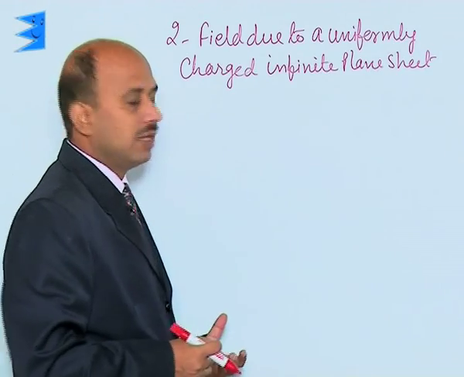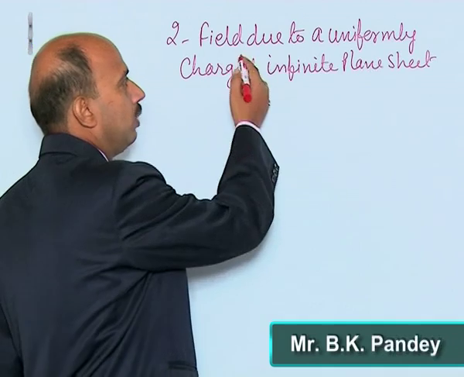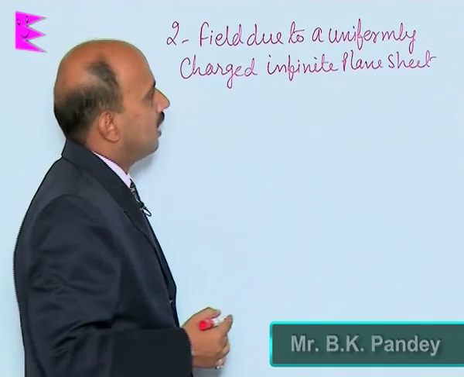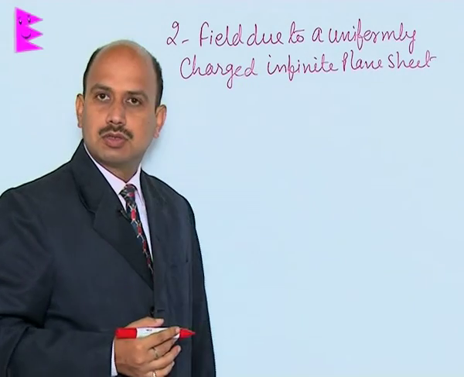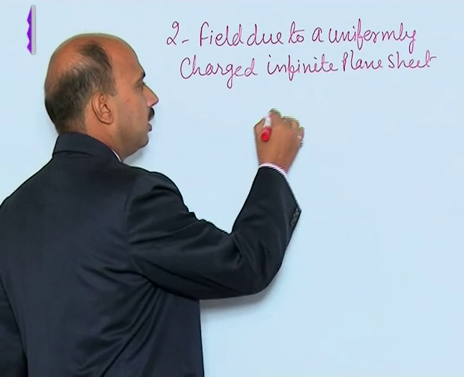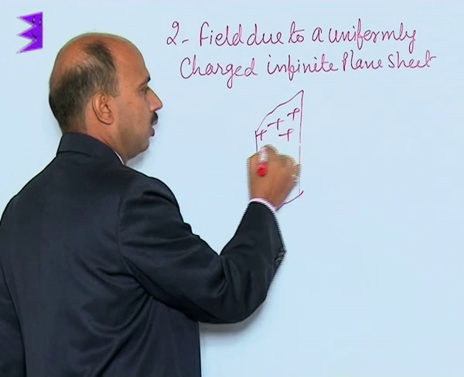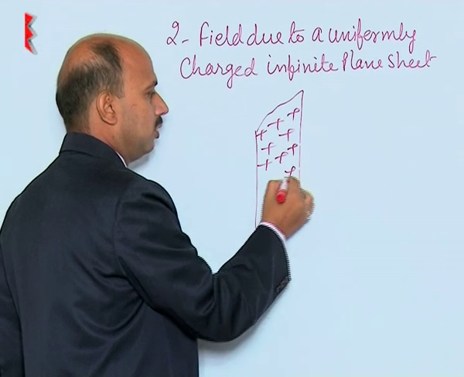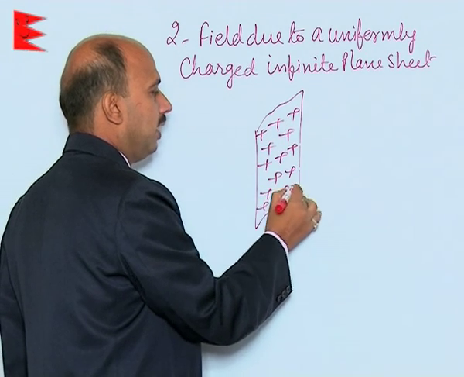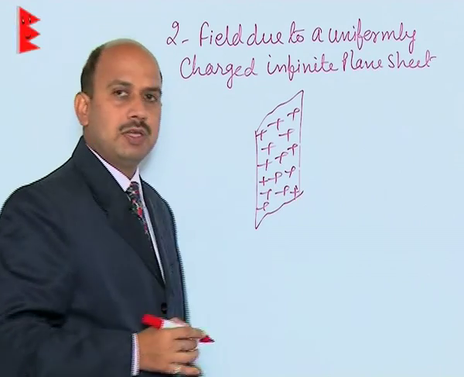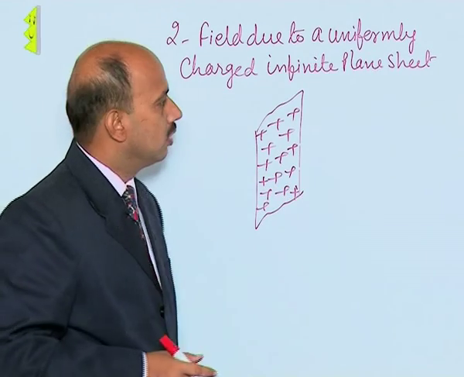See, the second application of Gauss theorem: we have to calculate the field due to a uniformly charged infinite plane sheet. So we take a thin plane sheet of charge, where the positive charge is distributed. This is a very thin sheet, so the positive charge appears on both sides of the sheet.